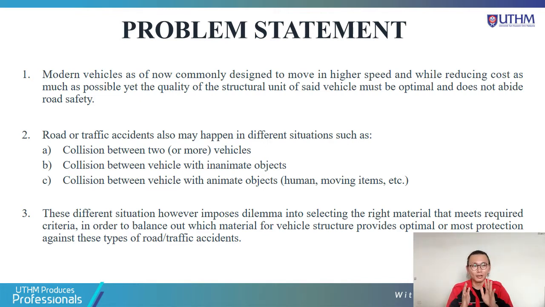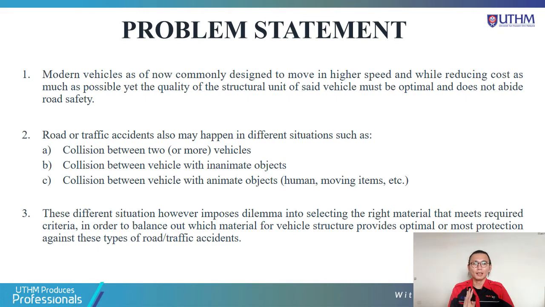Furthermore, road and traffic accidents may happen in different types of situations, such as, first of all, collision between two or more vehicles. The second one, collision between a vehicle and an inanimate object. Inanimate objects means objects that are not moving.